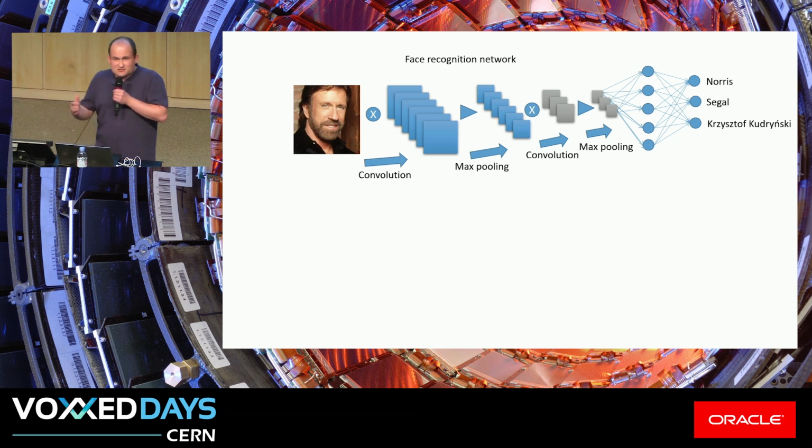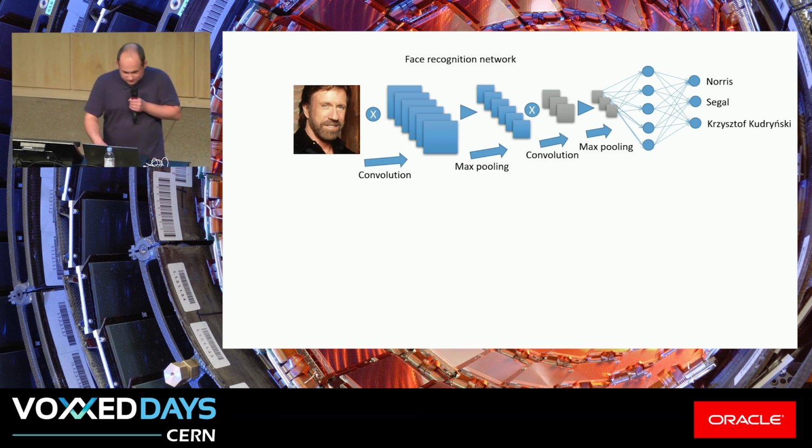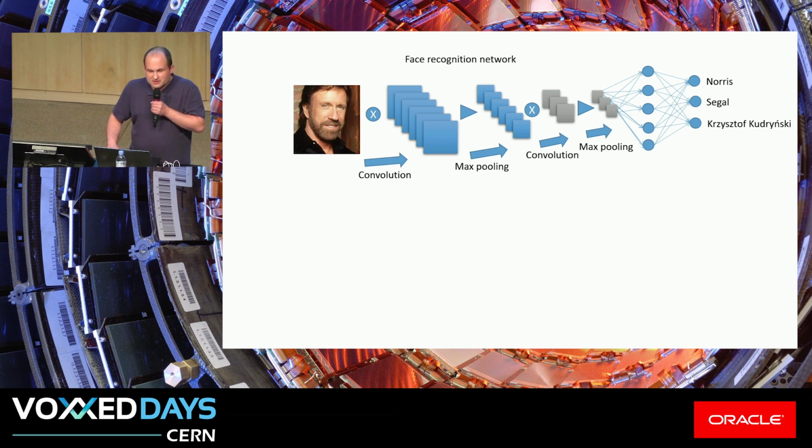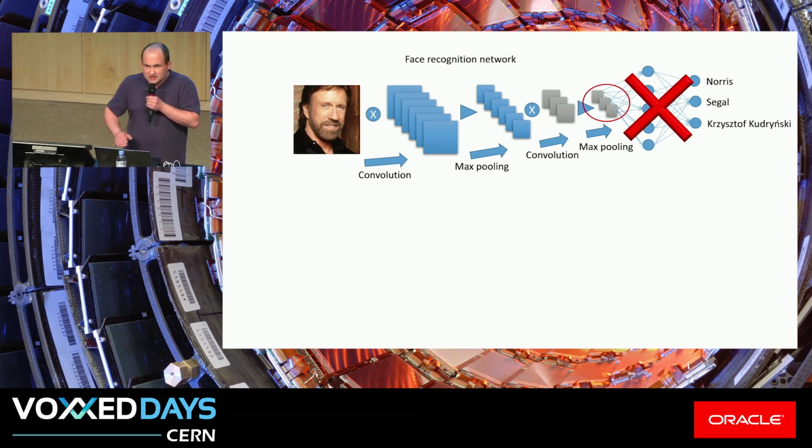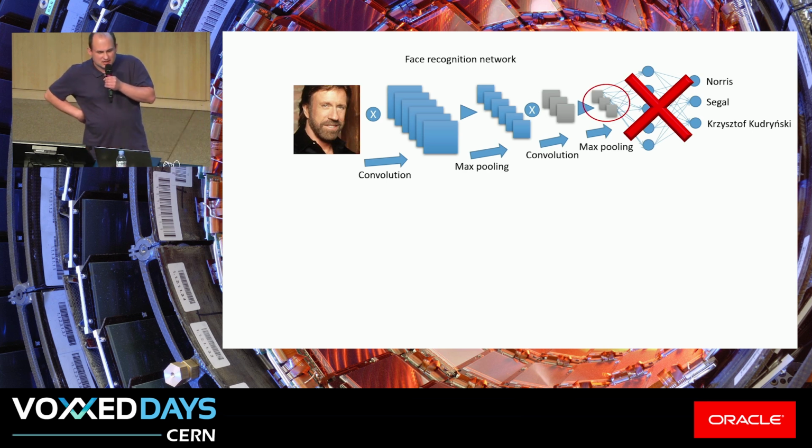So if it is so simple to train such a network, what will we do now? We'll download a ready network from the internet, and we will make a small surgery. We will remove the classification part altogether, and what we have at the end of the network now is a feature vector.